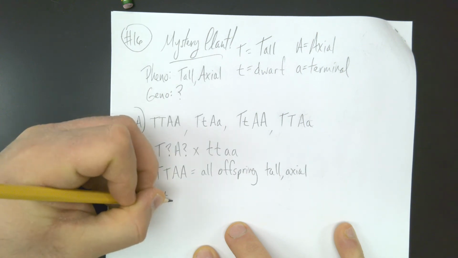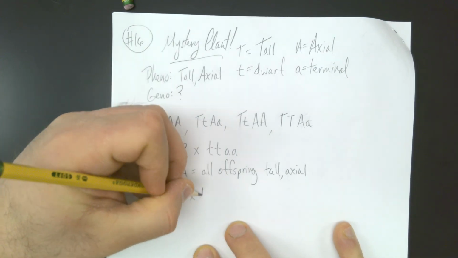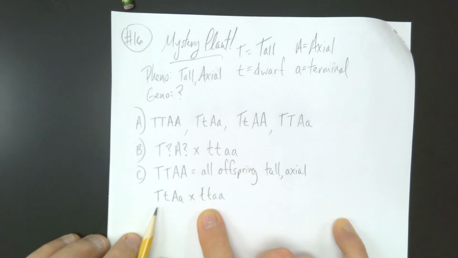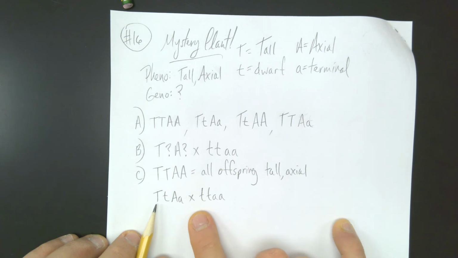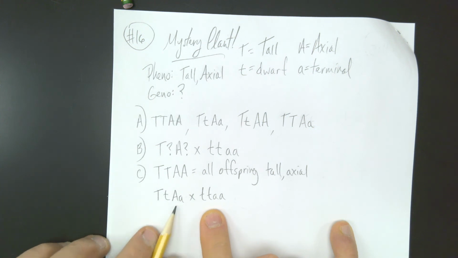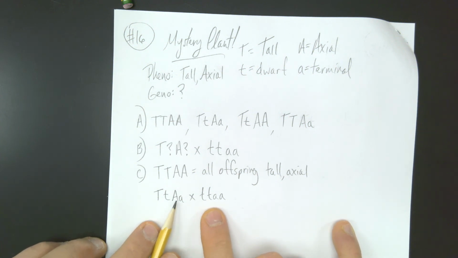Let's see. If it was heterozygous for both, so if it's heterozygous times little a, then the offspring could be tall with axial flowers. They could be tall with terminal flowers. They could be dwarf, two little t's, with axial flowers.